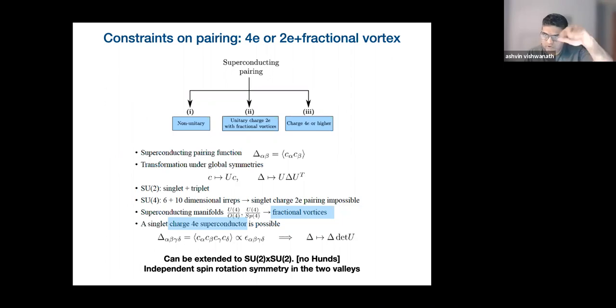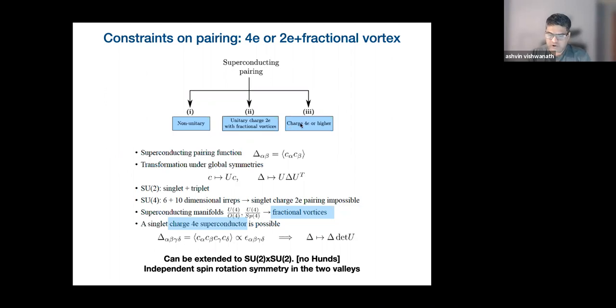Usually that would be a problem because the superconducting condensate changes sign when you take a Cooper pair around. But you can tie that in with a change of the other degrees of freedom, and together they can end up giving you a single-valued phase for the Cooper pair. It's something very familiar from helium-3, but it is something we would expect in this situation if you have a charge 2e superconductor.